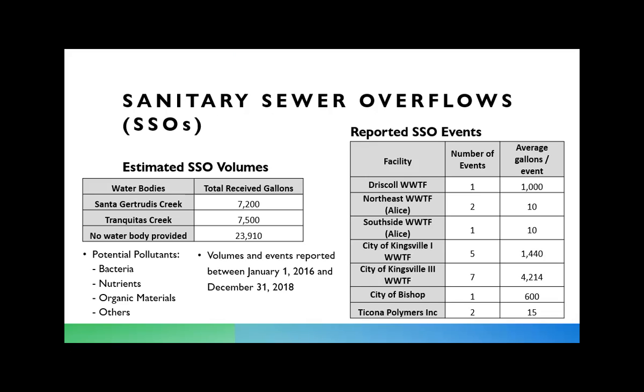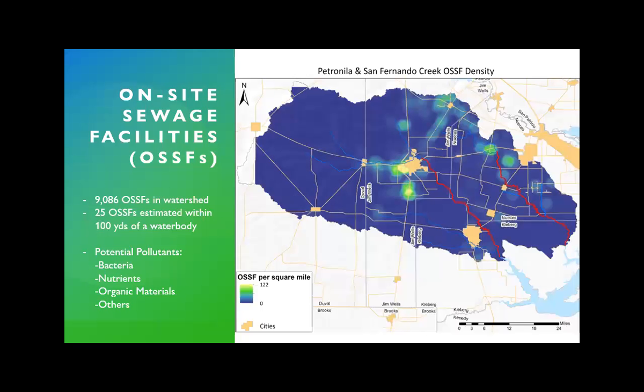Well, having to do with SSOs, somewhat related, is on-site sewage facilities. So whether it's a leach field or whatever kind of OSSF they have on site, it is a potential source of non-point source pollution through either lack of maintenance or a catastrophic failure of something, and then you've got overland flow carrying it into the creeks.